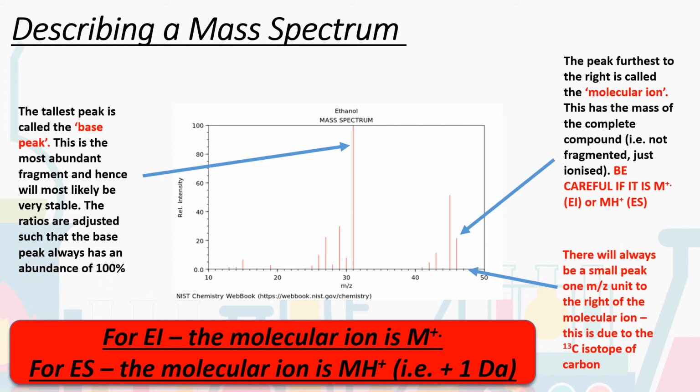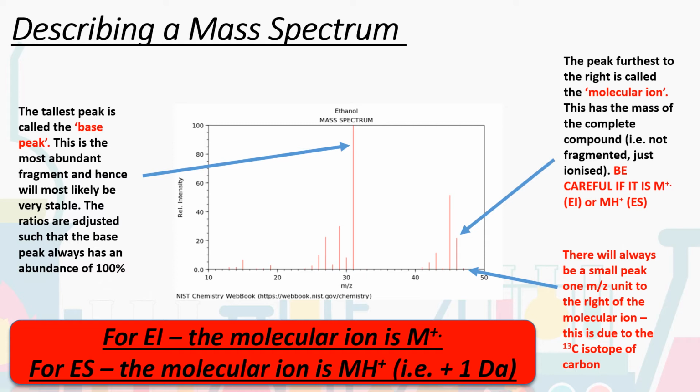The peak that's furthest to the right is what we call the molecular ion. So this has the mass of the complete compound. So this is one that hasn't fragmented, it's just been ionized and made it through. Now, the key distinction here is whether you've done electron impact or electrospray ionization.